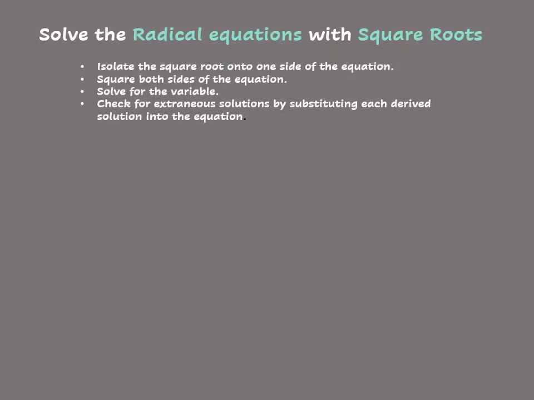Another example. So keep in mind we need to isolate the square root. So we're going to start by adding 1 on both sides. Now the radical is already on one side, so we're going to square both sides.